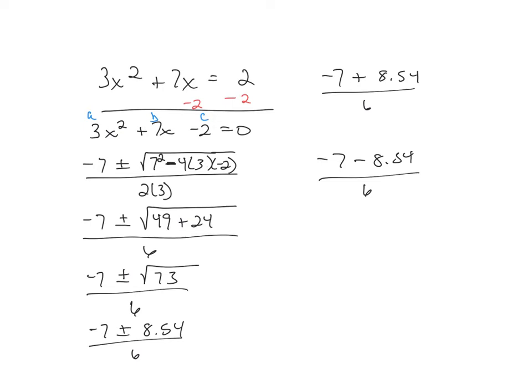So calculator, negative 7 plus 8.54 is 1.54 divided by 6. Again, it's really small. 0.25. It keeps going.